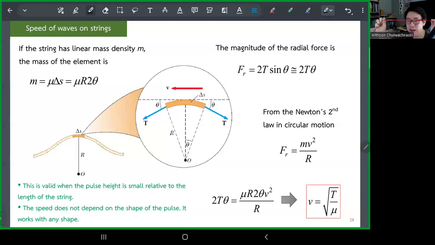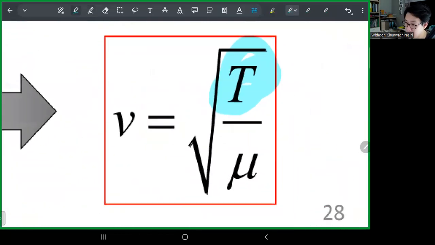But anyway, the point is how fast the wave can travel inside this string depends on two factors of this string. Okay. One is pretty understandable: the tension. Let me zoom this in.